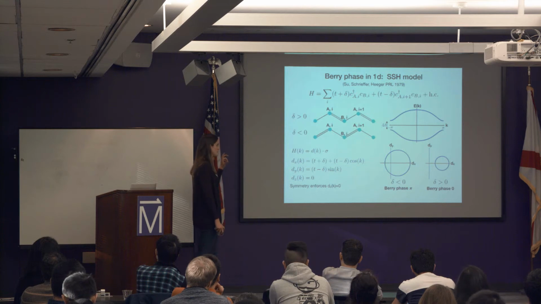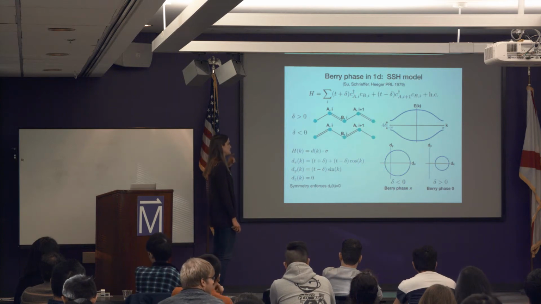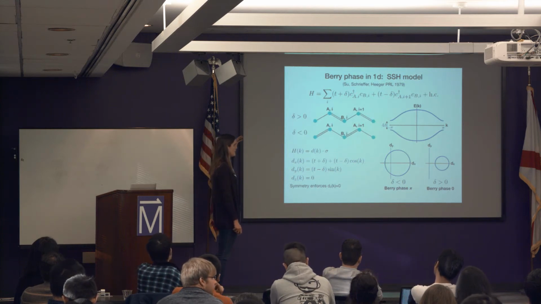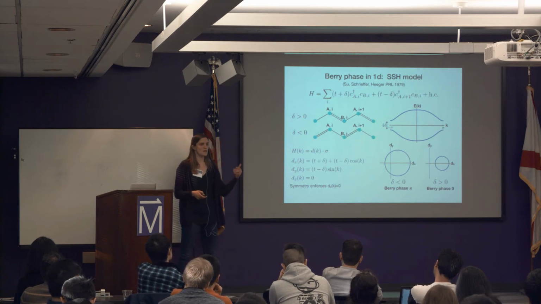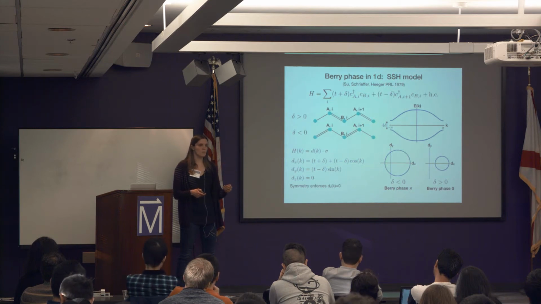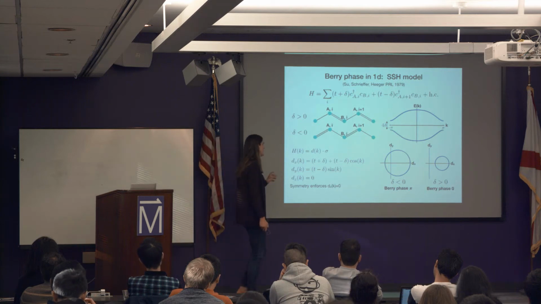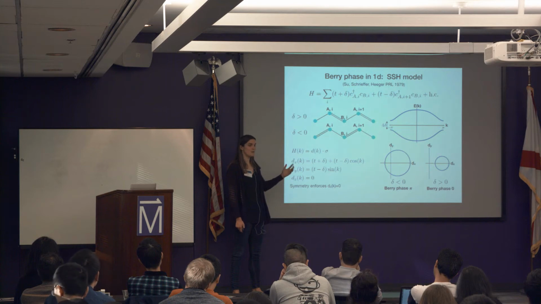What happens is, at the end of this, I'll show a table which is capturing this exact question: if you have symmetry in a certain dimension, what's the topological invariant that you get out? This is a very simple example because it only has 2 by 2 matrices, and so we can actually do this winding number. If we had 4 by 4 matrices, the picture wouldn't be so simple, but you can get the same result out.